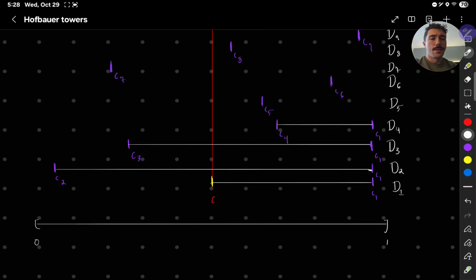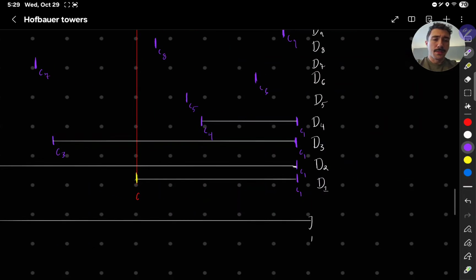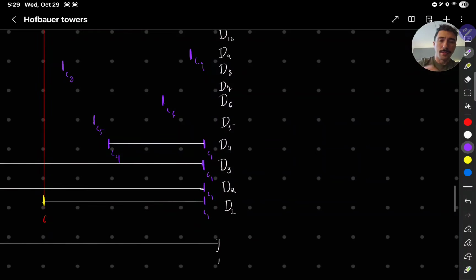Now, what we do to figure out what the next interval should be is you should think of these intervals that aren't at cutting times, they're not being cut by C, as being true intervals in the domain of the map F. And this interval, D4, lies entirely on one side of the critical point. And so it lies in a monotone piece of the map F. So let's ask what the image of D4 is.